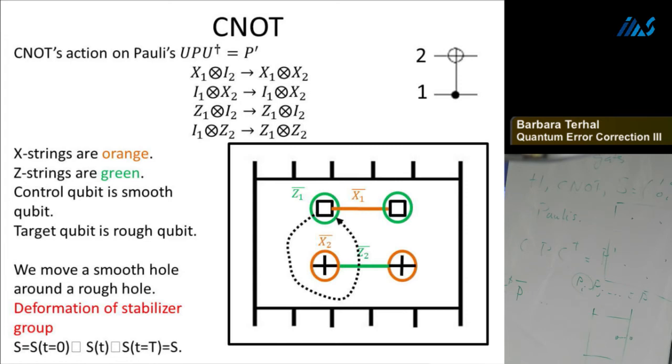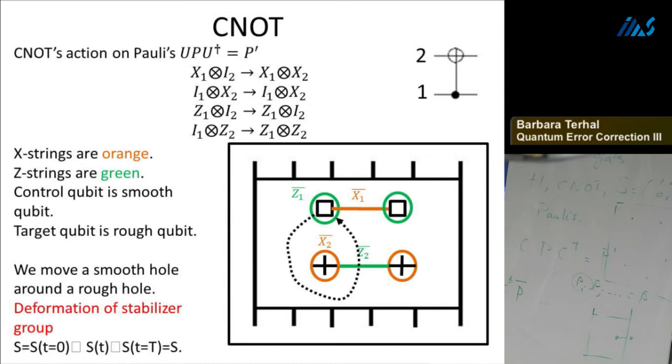Okay, so now what one has to verify in order to understand that this is a C0, one has to verify these basic relations. So an X1 on the control qubit becomes X1 X2, and a Z2 on the target qubit kicks back a phase, becomes Z1 Z2, and these guys are unchanged.